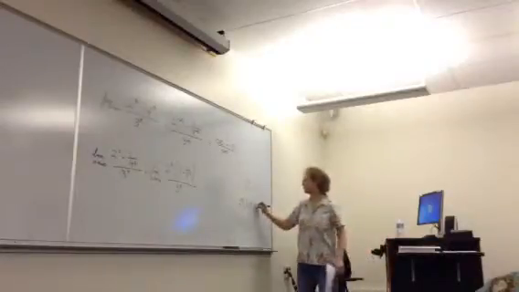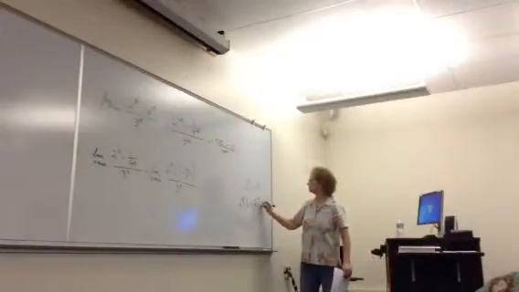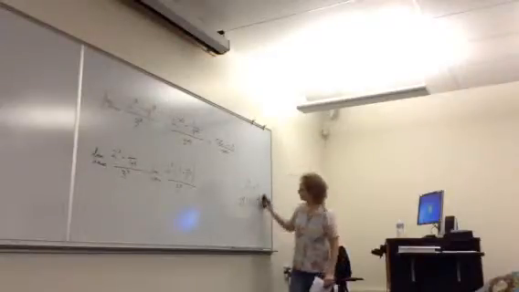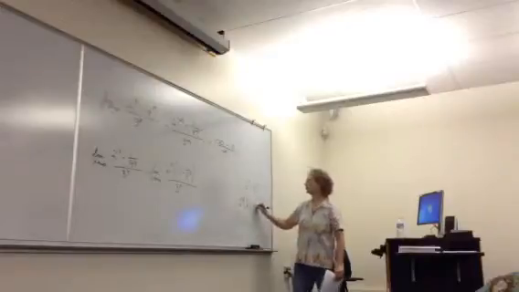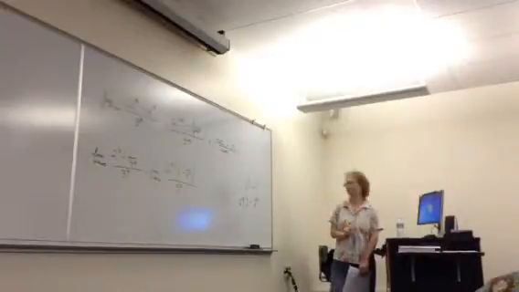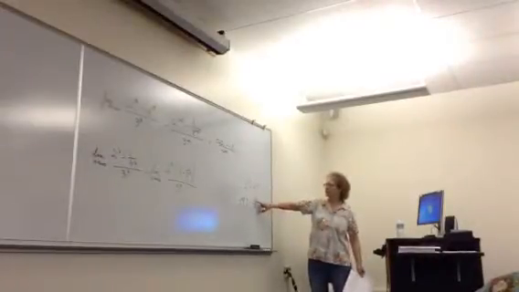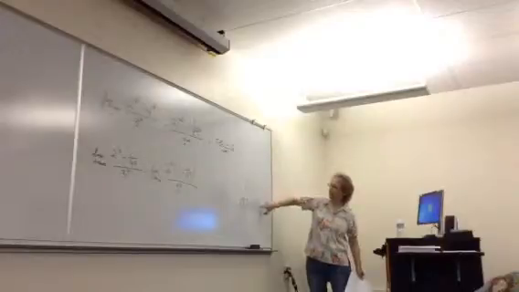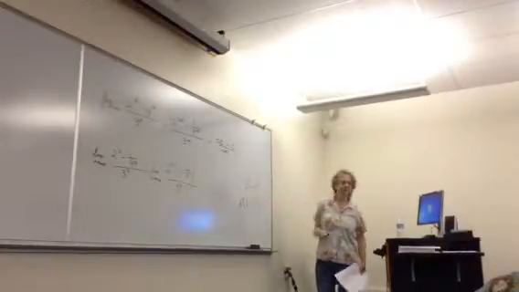Oh, here we go. Sorry. Got to have the same base, right? So 2 squared is the same thing as 4. So now I've got 2 squared, so I've got 2 to the negative 2x.